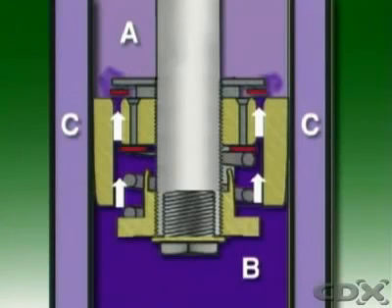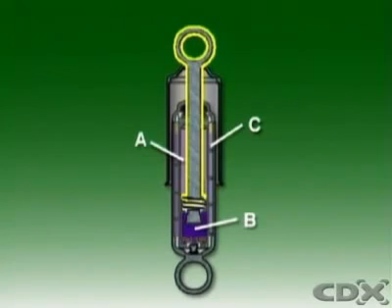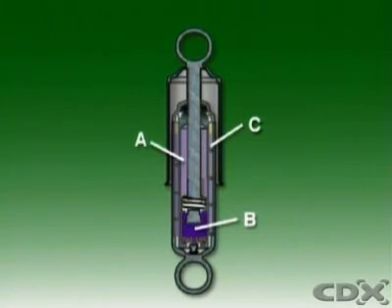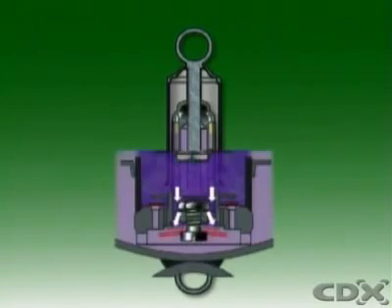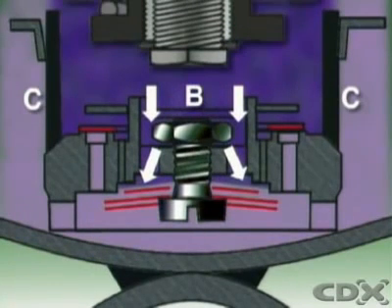This unseats the piston intake valve, and fluid flows up through the outer passages in the piston and into chamber A. But the piston rod is also now entering A and displacing a quantity of fluid equal to its volume, so all of the oil in B cannot flow into A. The displaced fluid is forced down through a base valve and out into the reservoir labeled C.